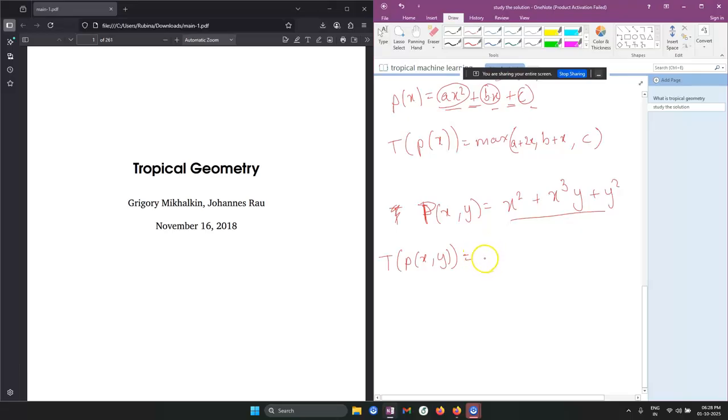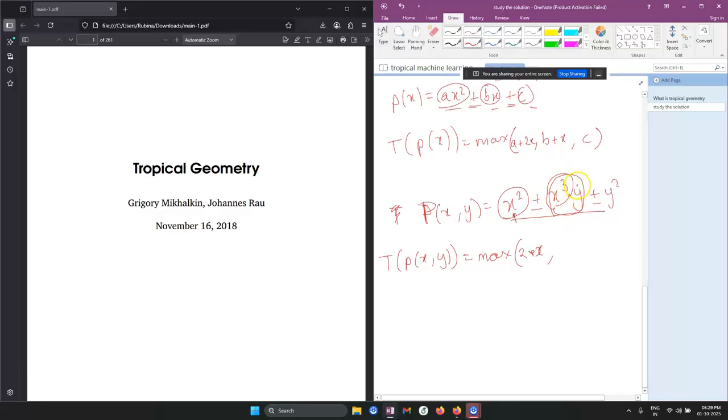Okay, so again we see the addition between them all, so we have a max. Now we start considering these terms individually. So x square, as we remember, exponentiation becomes multiplication, so 2 into x, or 2x. Similarly, now we consider the second term. First, we see the multiplication sign over here.